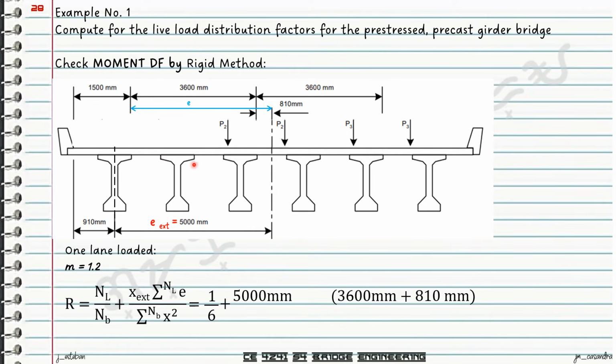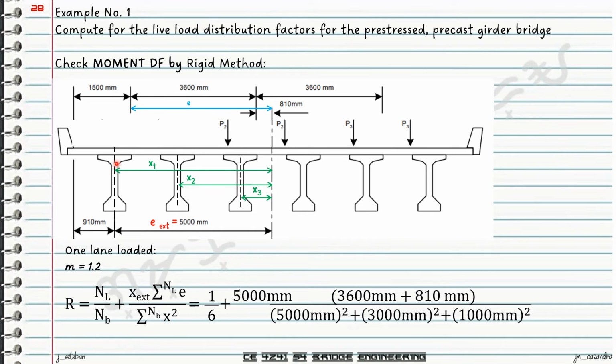So from the center line we have 1, 2, 3 girders. So we'll have x sub 1, which is equal to 5,000 squared, plus for the second girder, x sub 2, which is equal to 3,000, and x sub 3, which is equal to 1,000.